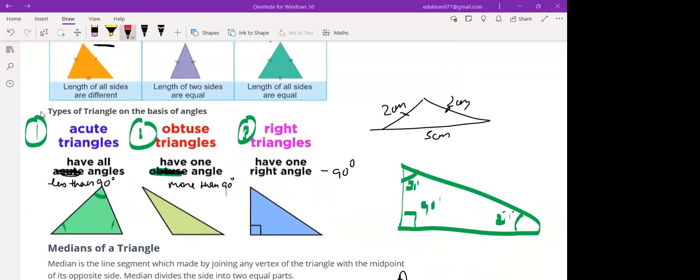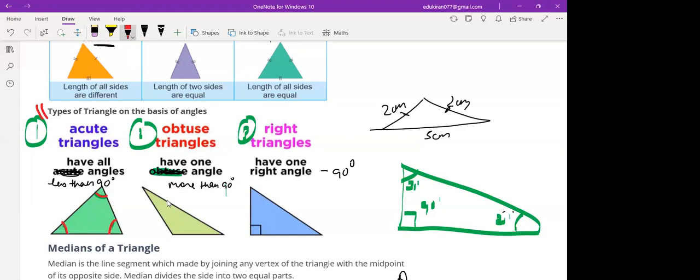Now, coming to the next one, types of triangle on the basis of angle. Okay, first is acute triangle. If all the angles are less than 90 degrees, that is known as an acute triangle. Like this is less than 90, this is less than 90, this is less than 90. Second is obtuse triangle. It has one angle more than 90 degrees.